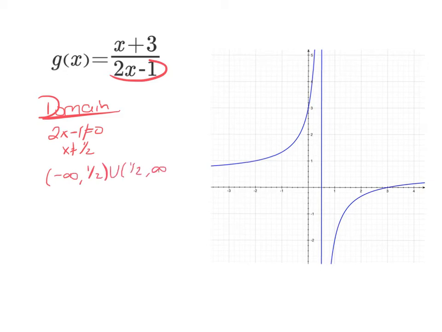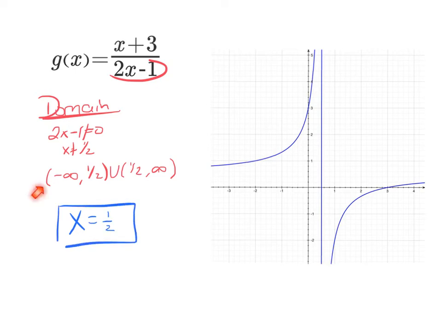And then if we look at the graph, we see that when x is equal to 1/2, we have a vertical asymptote. As x approaches 1/2, g of x is approaching infinity. As x approaches 1/2 from this side, g of x is approaching negative infinity. So our vertical asymptote is x equals 1/2.